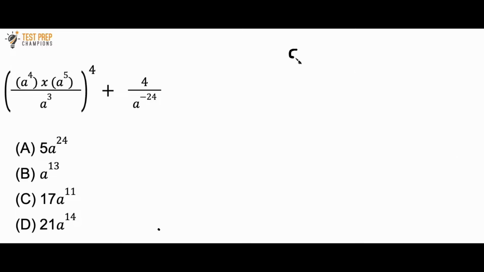Here's the third exponent rule that I think you should know. When we have two bases that are the same and we're doing a multiplication problem, we can add the exponents and keep the base the same. Let me show you what I mean. If we have a raised to the b times a raised to the c, we see that the two bases are the same, so we can rewrite this as a raised to the b plus c.